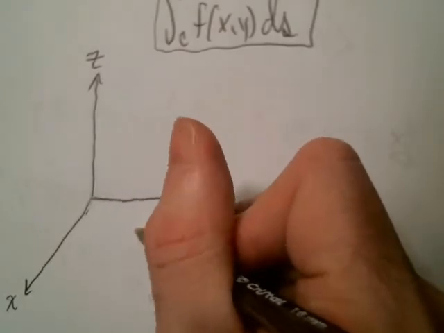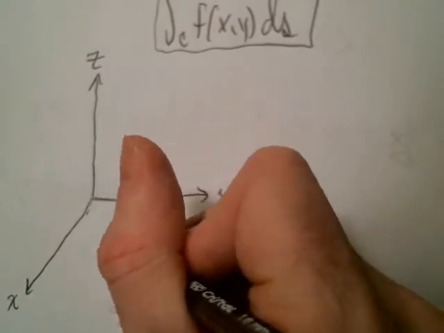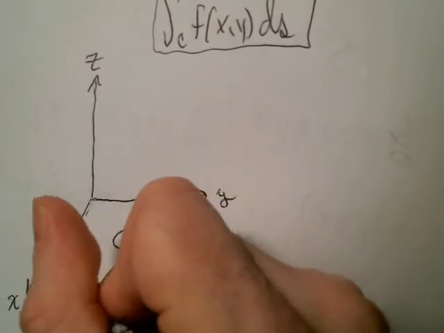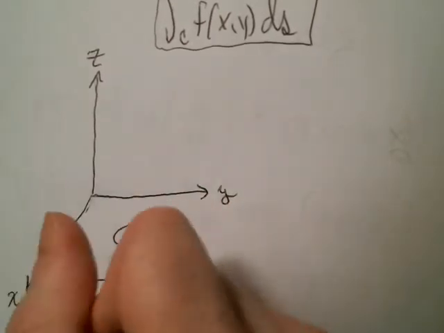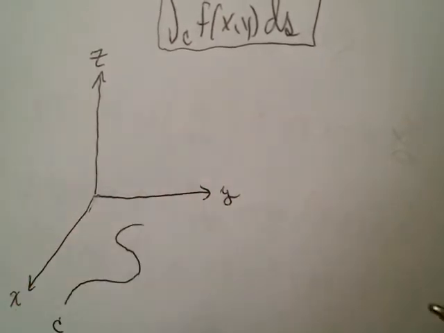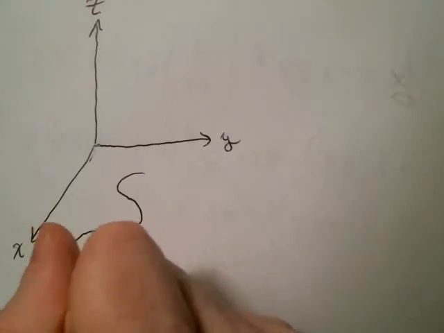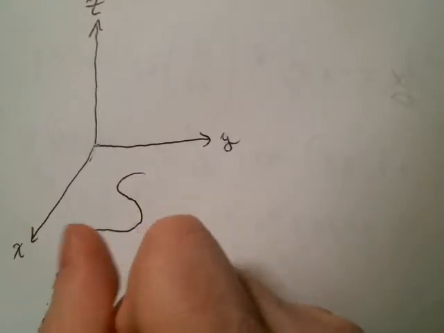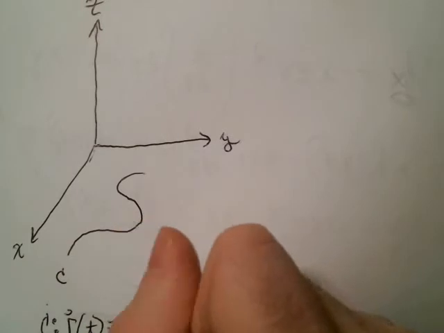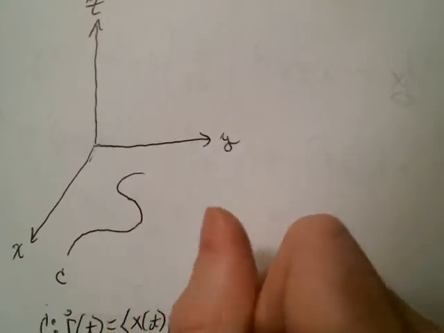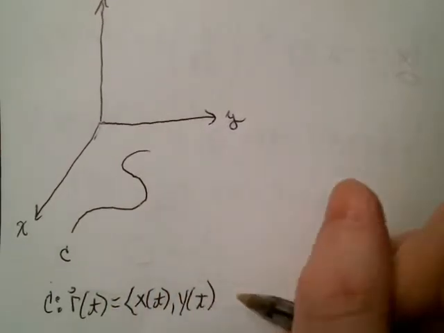So let's imagine we have some curve in the plane. Okay, so this is some curve C, and we can denote C with some vector valued function. So C in general will be some r of t, where r of t is equal to x of t, comma y of t.